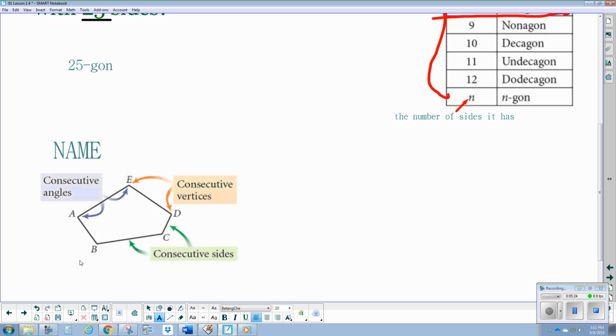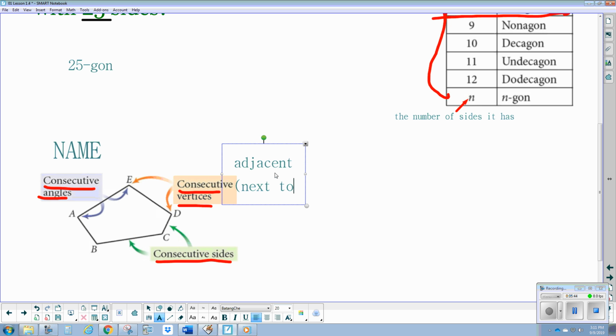So we use consecutive angles, consecutive vertices, or consecutive sides to actually name the polygon. Consecutive means adjacent or next to.